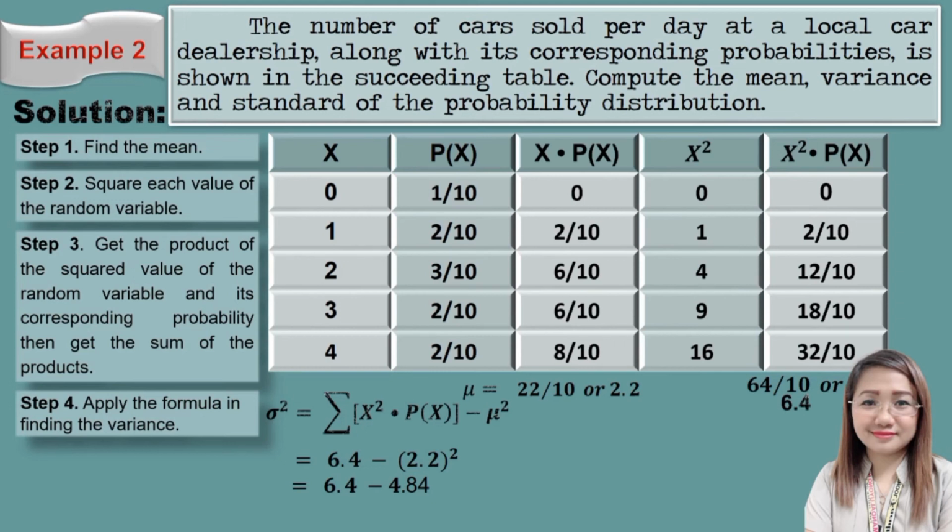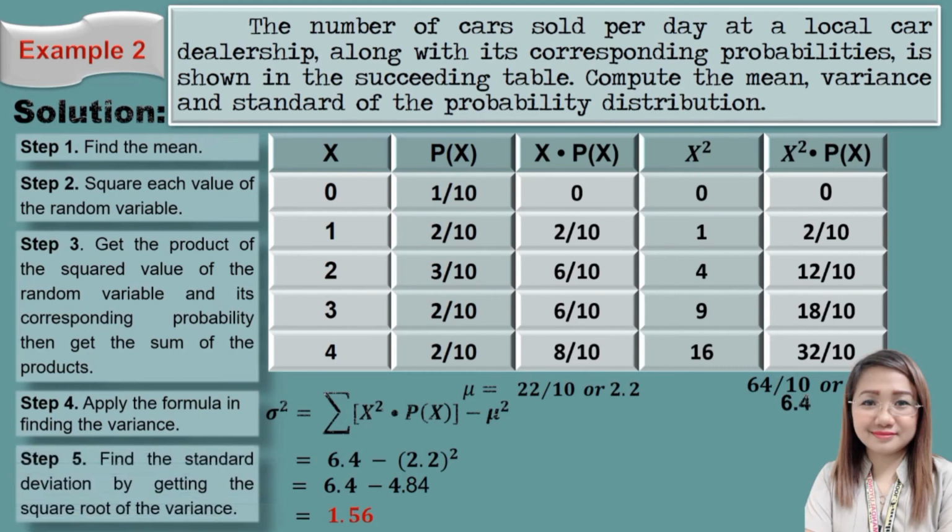So 6.4 minus 4.84 is 1.56. Then to find the standard deviation, just get the square root of the variance. So we have the square root of 1.56, which is 1.25. Therefore, the value of the mean is 2.2, the value of the variance is 1.56, and the standard deviation is 1.25.